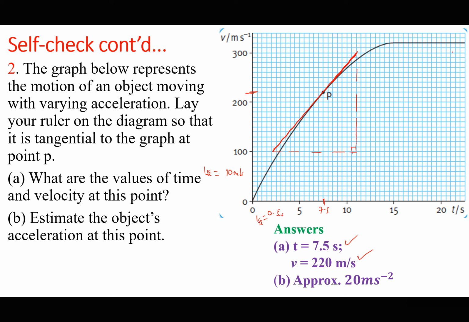You find the acceleration from the change in v on the vertical over the change in t. So you should be able to get approximately 20 meters per second squared. You can try that in your free time.